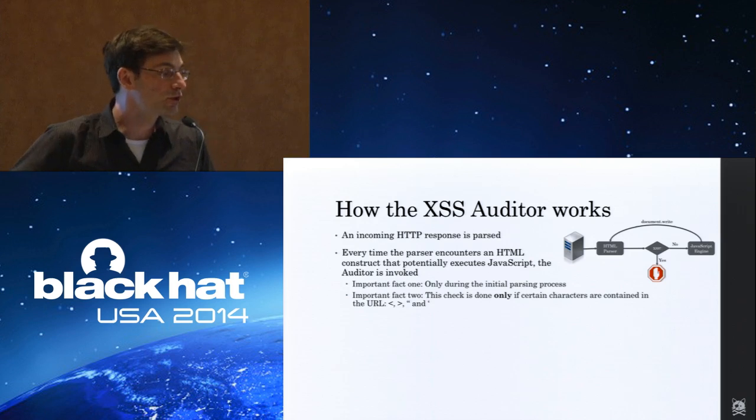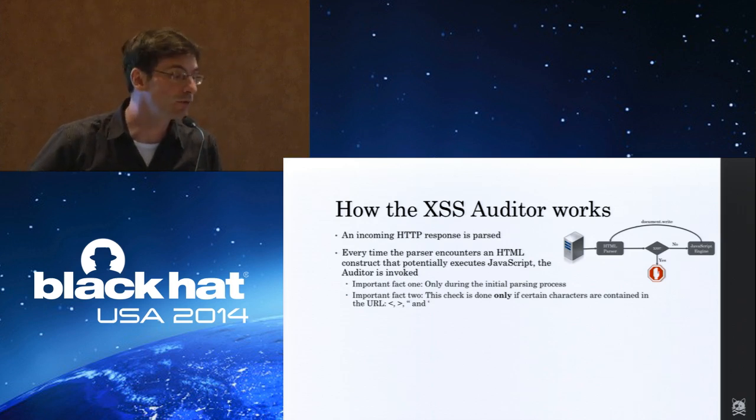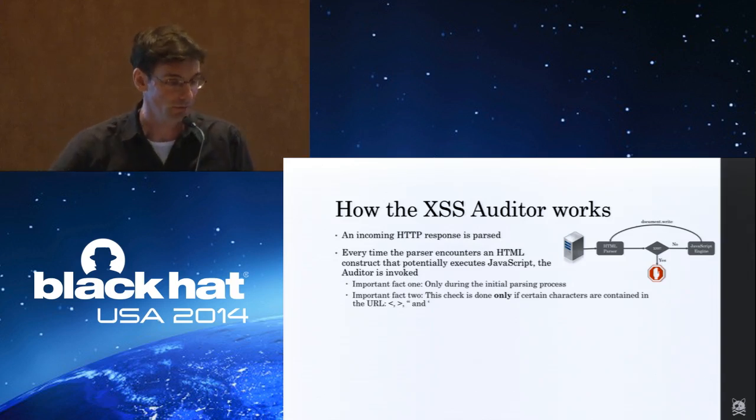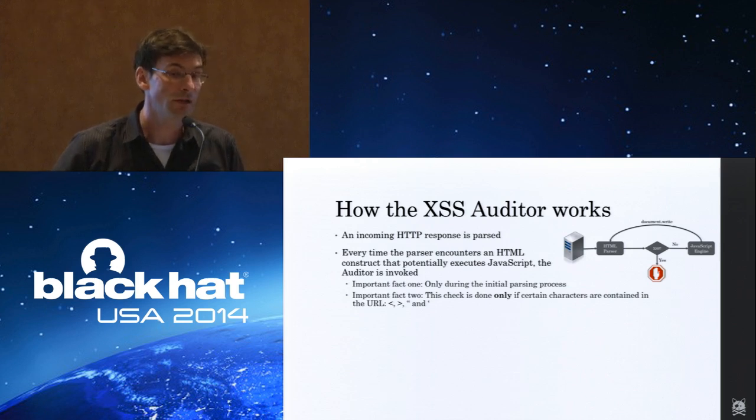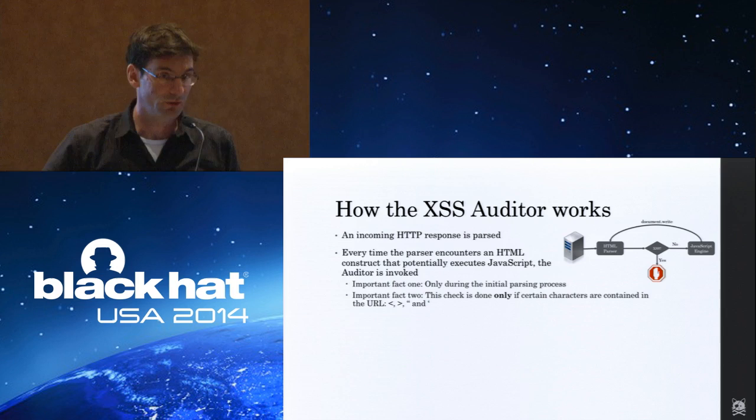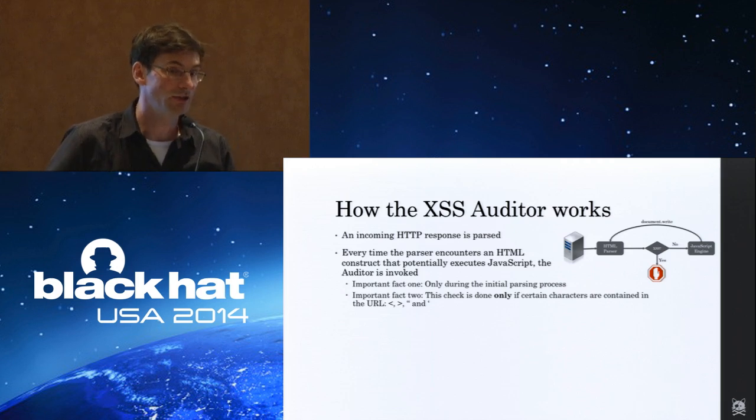So the first condition is the auditor only does the matching process, so the looking for the JavaScript in the request, if the HTML construct that executes JavaScript is encountered in the initial parsing process. So you get the HTTP response, and then you parse everything that's in the HTML response. There might be more HTML coming into the page using something like innerHTML, outerHTML, things like that, that also invoke the HTML parser.